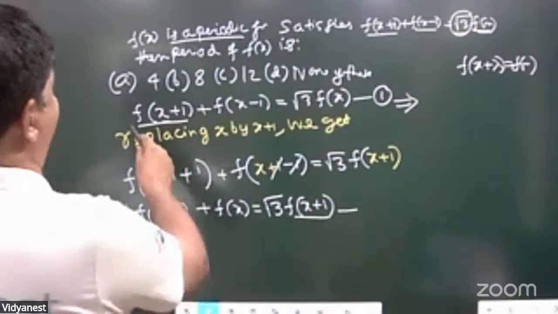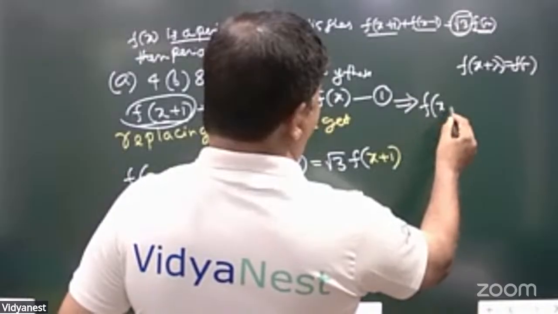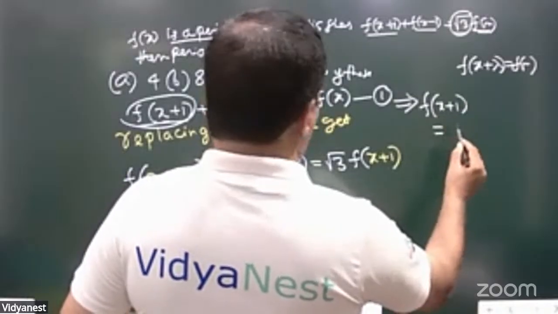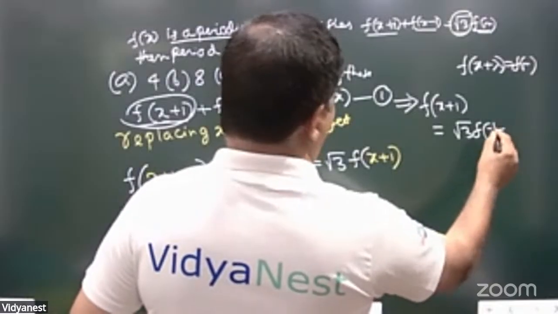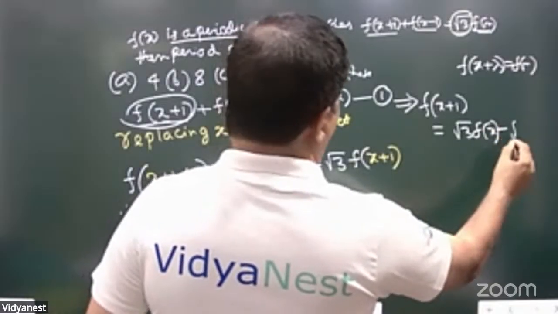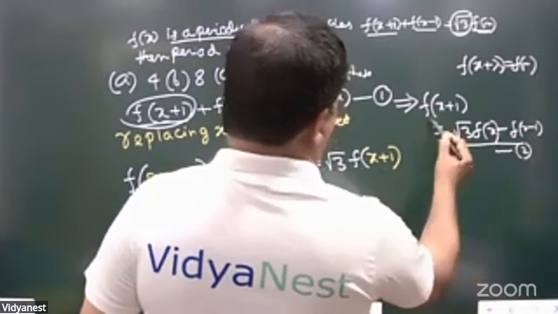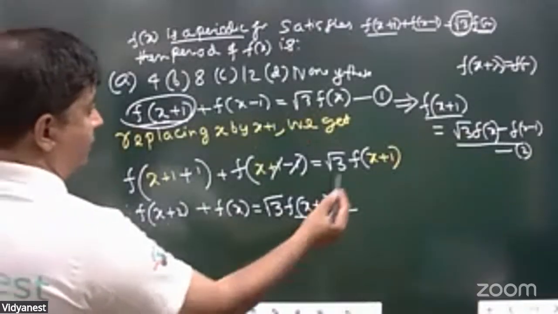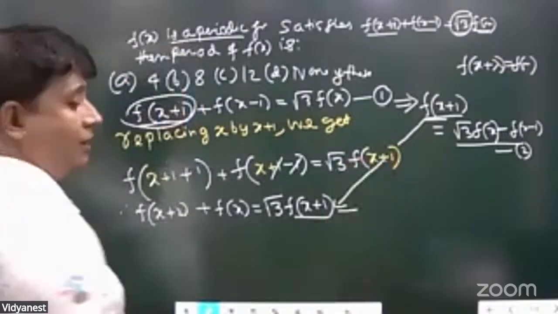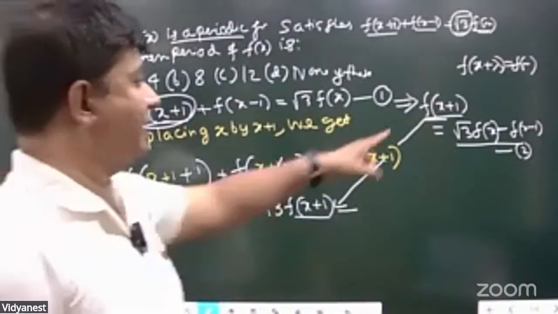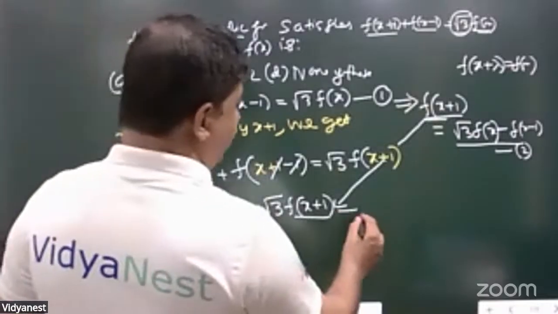We will extract the value of f(x+1). What is f(x+1)? f(x+1) is √3 f(x) − f(x−1). That is labeled equation number 2, and that value will be dragged here. In place of this, I will put that value. Understand? So that is the connector, that is the link. So this is equation number 3.